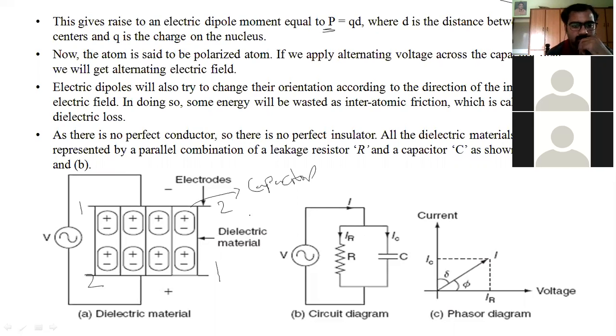Here, whatever the charge shown on the plates, the negative and positive, don't take it as it is in a DC supply. Just consider that the plates of the capacitor are negative and positive by applying this voltage. So these are the capacitor plates. Two capacitor plates have been placed and connected to an alternating supply voltage.